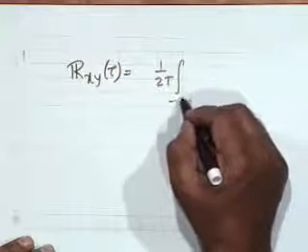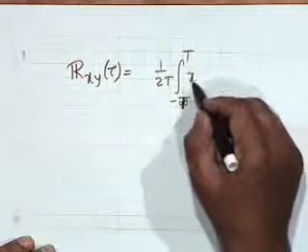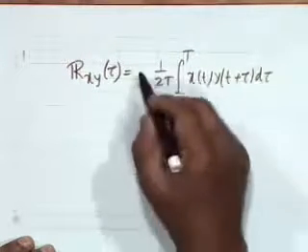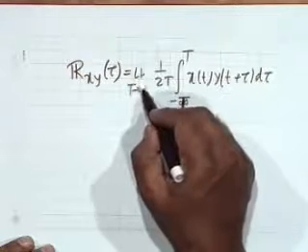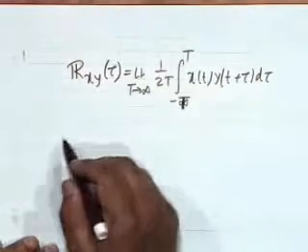We can have time cross correlation functions also, that is, we can define Rxy tau as equal to 1 over 2t integral minus t to plus t x(t) y(t plus tau) d tau, limit t tends to infinity, exactly like the time autocorrelation function.